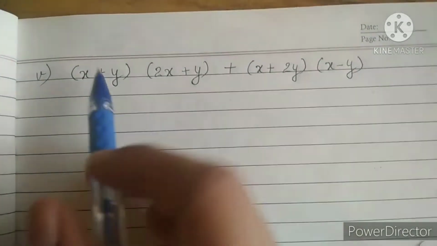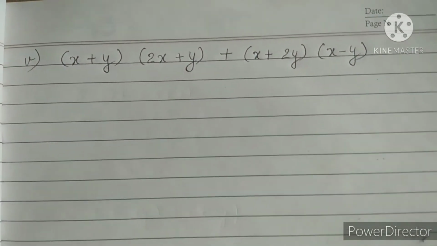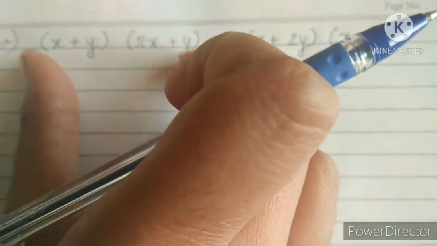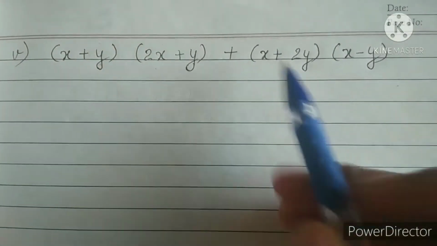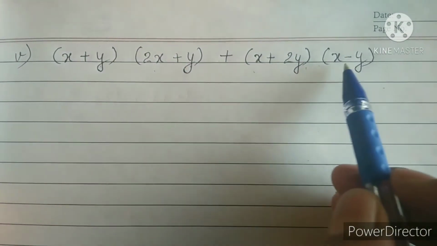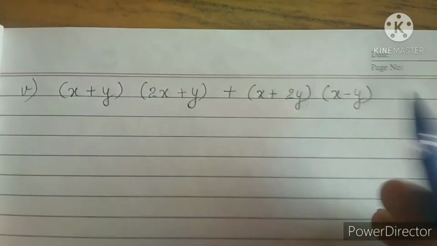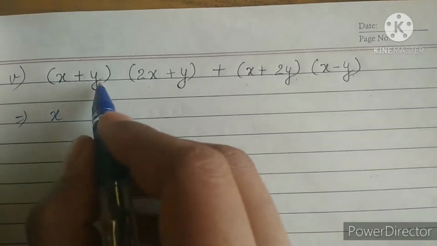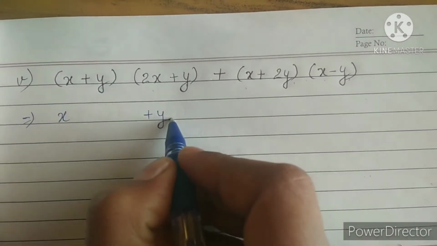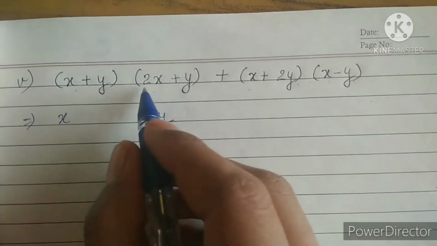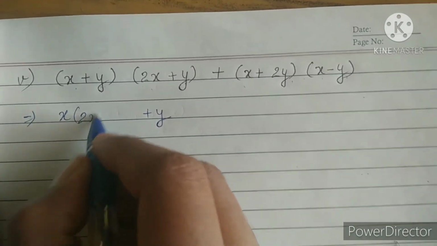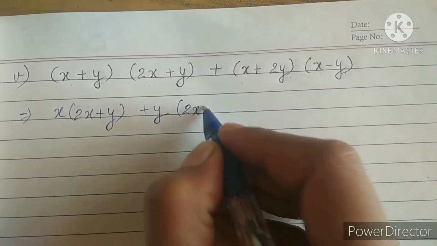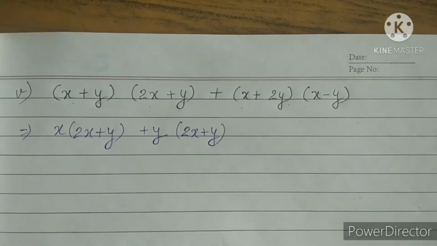Fifth is x plus y multiplied by 2x plus y. So firstly we will solve these two, after that plus x plus 2y multiplied by x minus y. So firstly I am distributing x and y. Here this x and y are multiplying in 2x plus y.